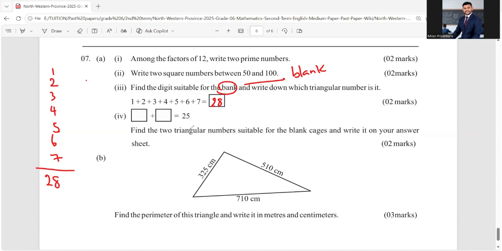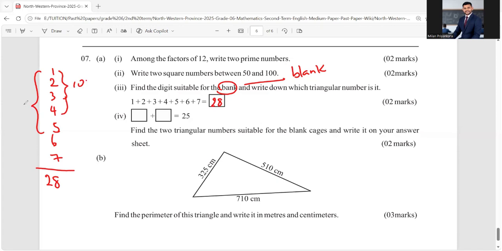Fine. And then here, find the two triangular numbers suitable for the blank edges and write it on your answer sheet. Here for 25, you can take, you see, up to here you have 6 and up to here you have 10. Okay, we'll take 10. And up to here we have 15.